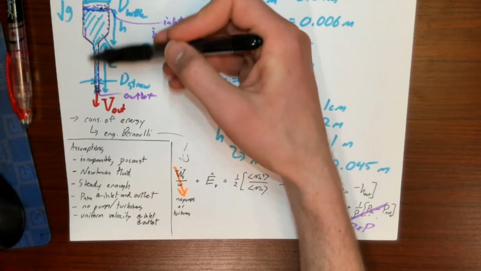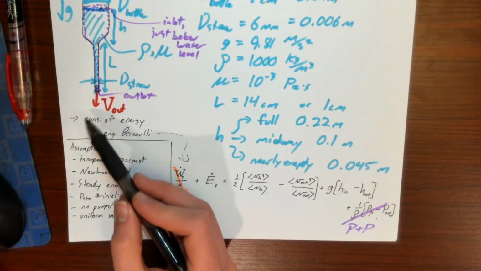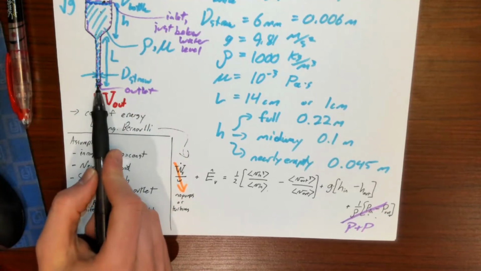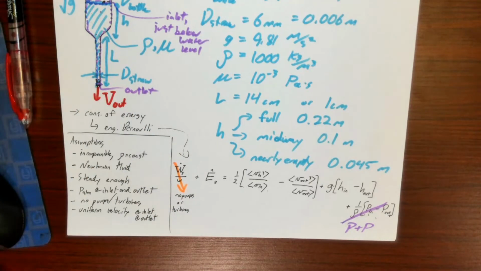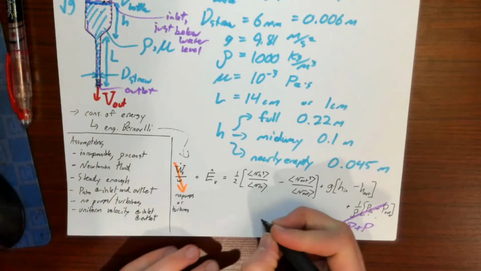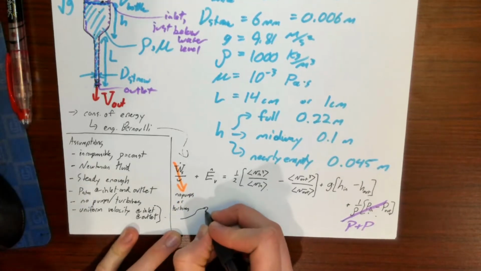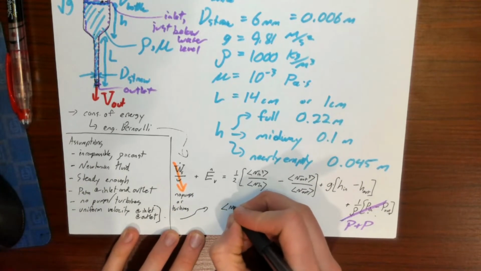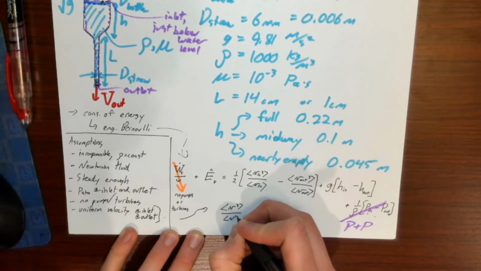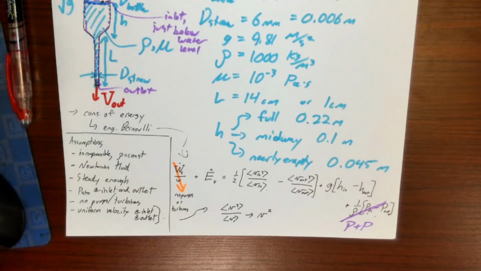Of course, they're not necessarily going to be the same as each other, but across either the inlet or the outlet, we'll have those uniform velocities. If we make this uniform velocity assumption, that's basically saying that the average of v cubed divided by the average of v simplifies just to v squared.